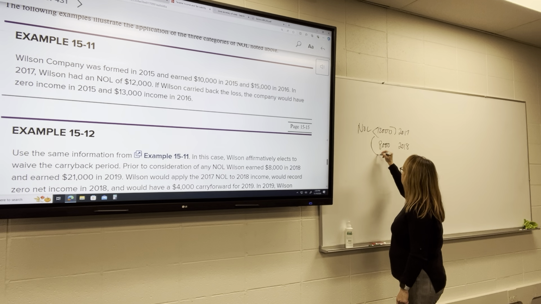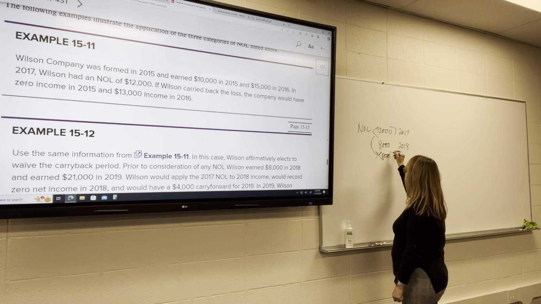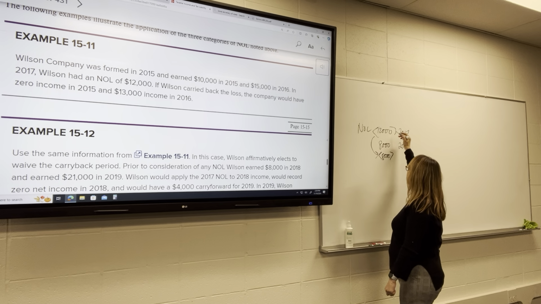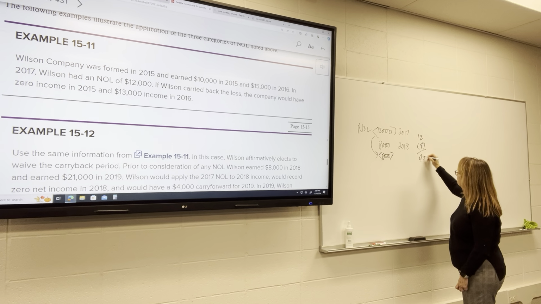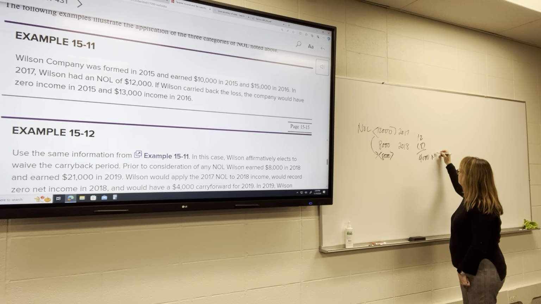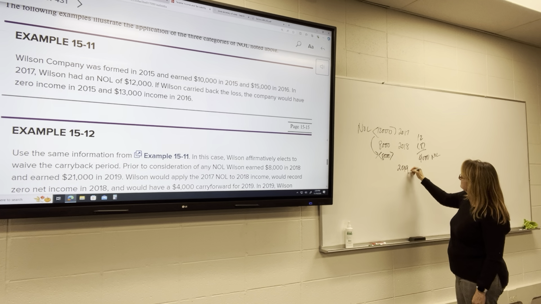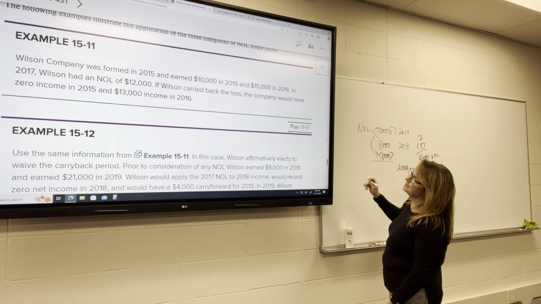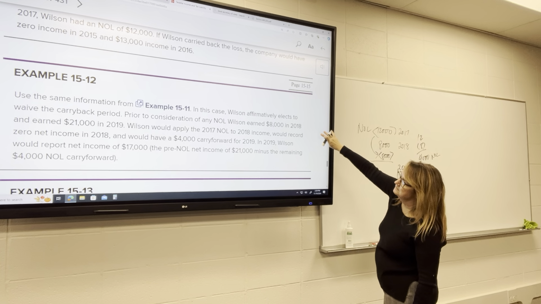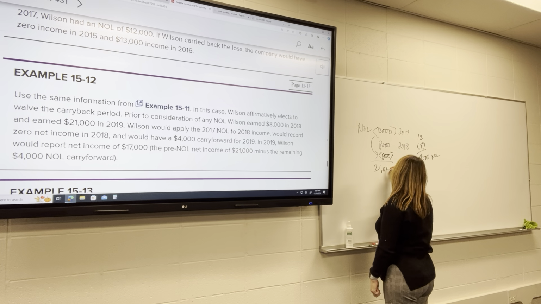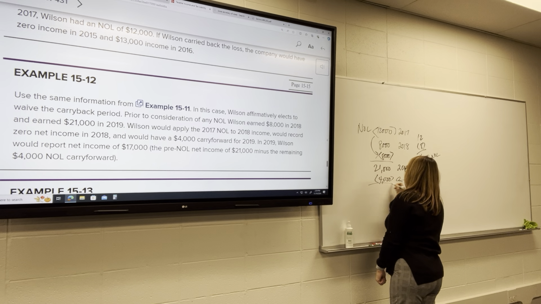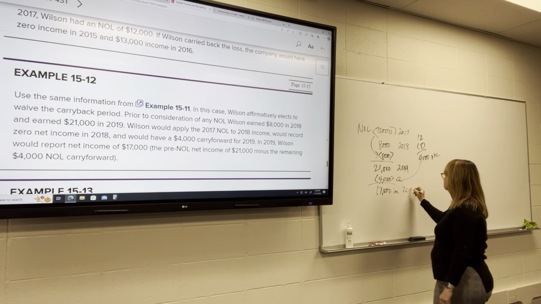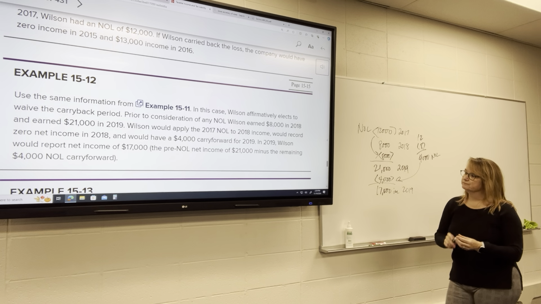So we can apply 8,000 of that. And then it's 12,000 minus 8, we've got 4,000 left over NOL, which in 2019, then we had 21,000. We would apply that 4,000. So we got $17,000 of income for 2019. Is that okay?